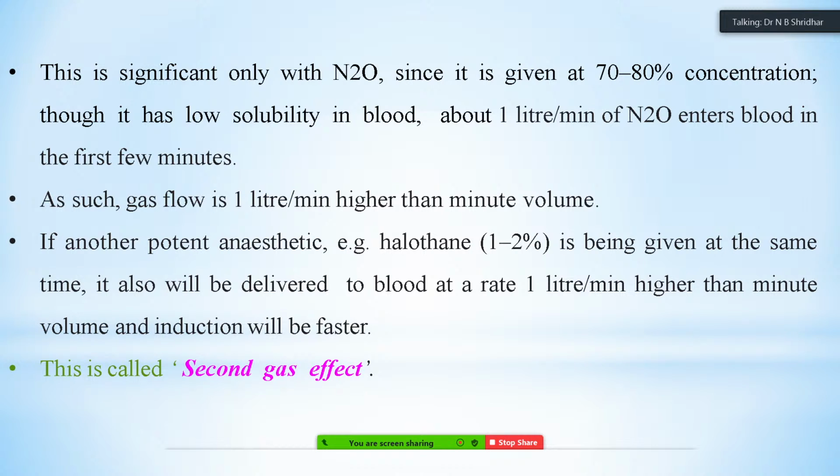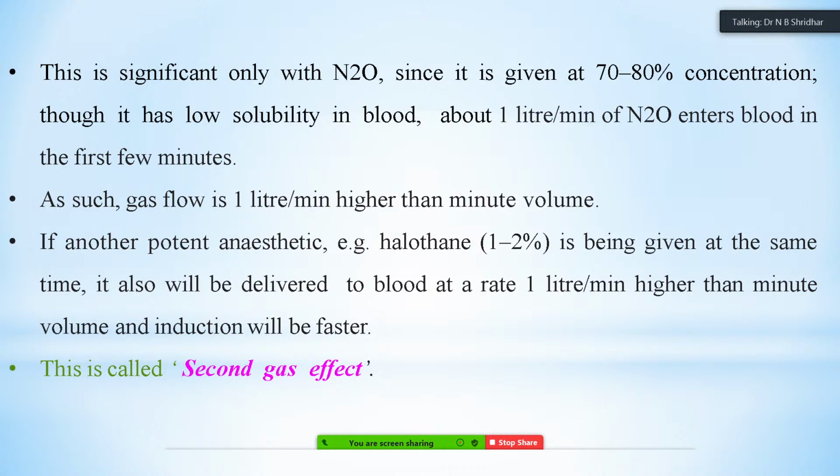If another potent anesthetic, say halothane, is given simultaneously, so two gases, one with high and another with low penetration capacity, are given, then both will be delivered to the blood at the rate of 1 liter per minute, higher than the minute volume, and induction will be faster.